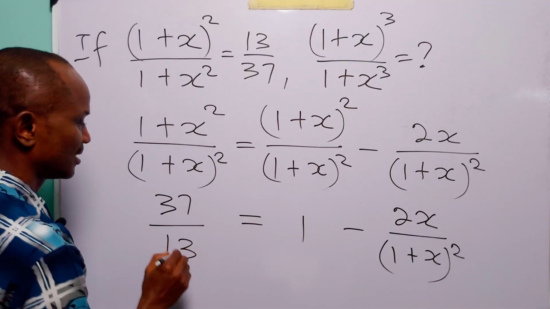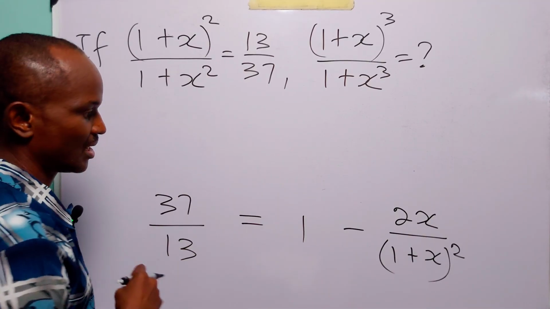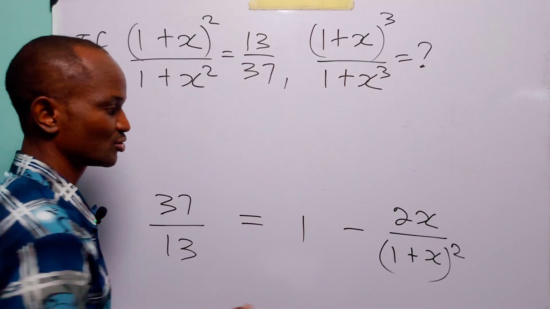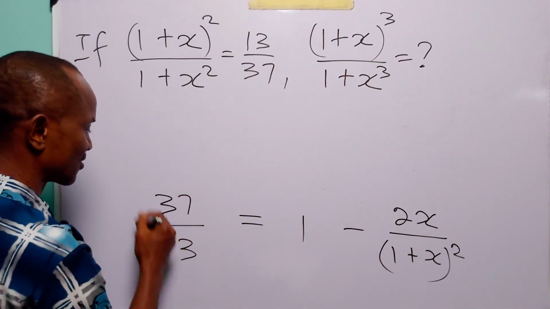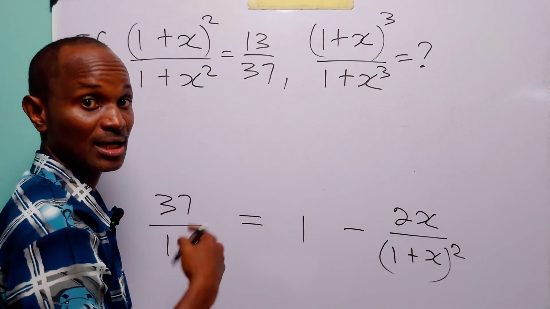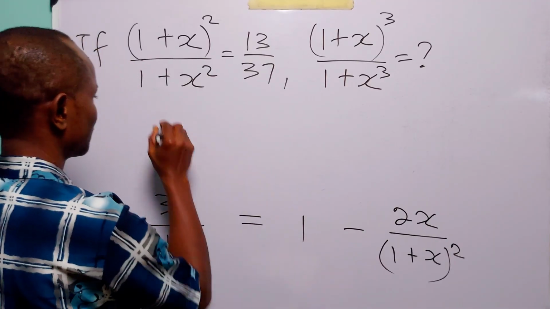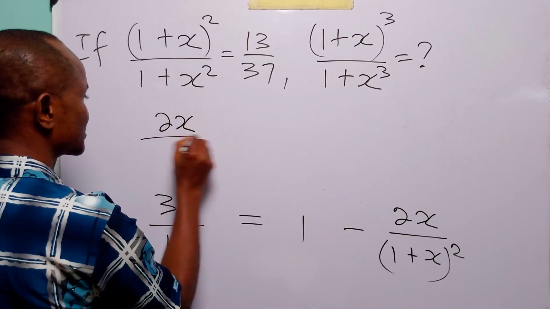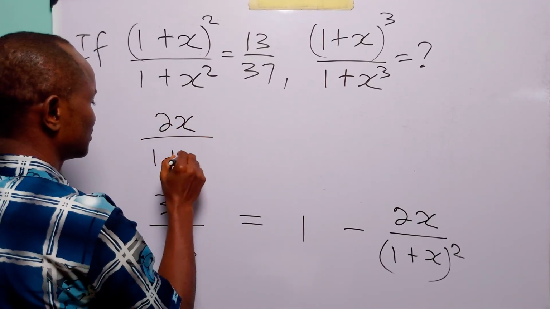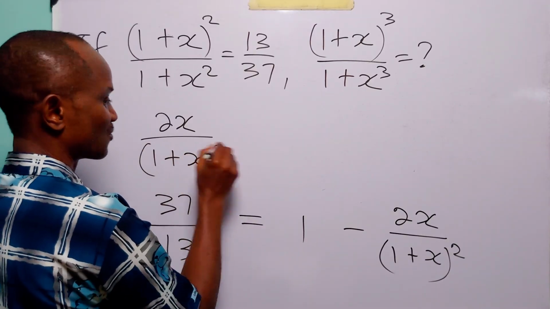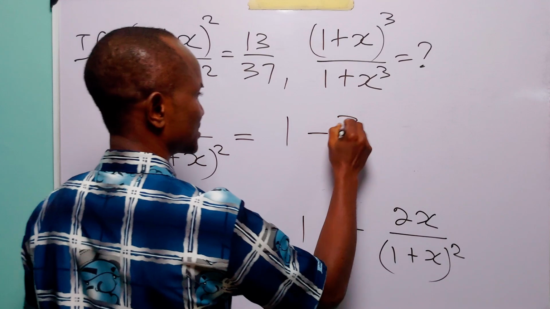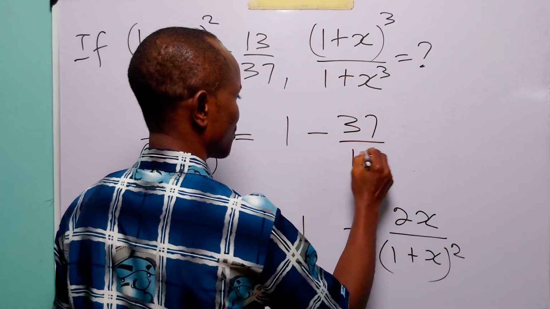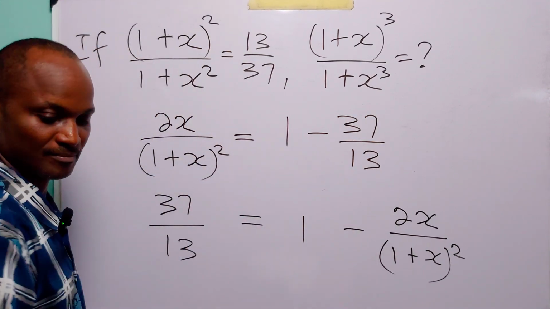37 over 13. And the next thing we are going to do is to bring this term over to the left-hand side and take this constant over to the right-hand side. When we do that, we have 2x over 1 + x² is equal to 1 − 37 over 13.